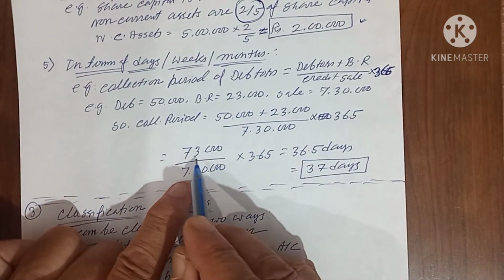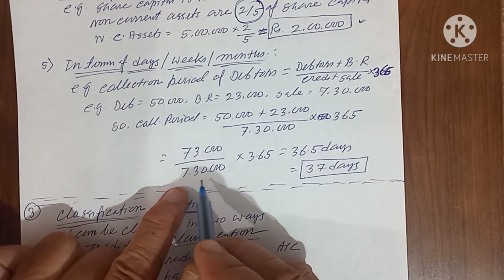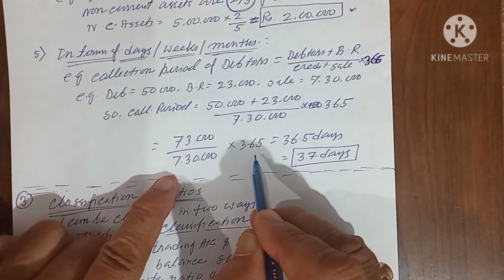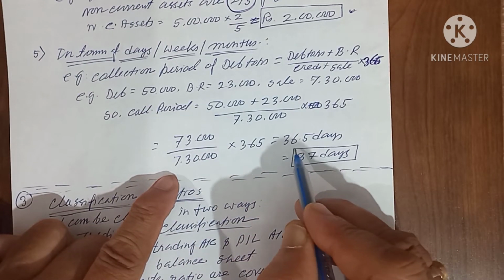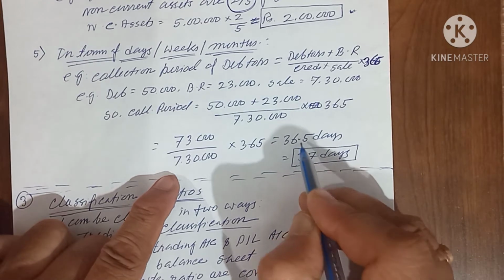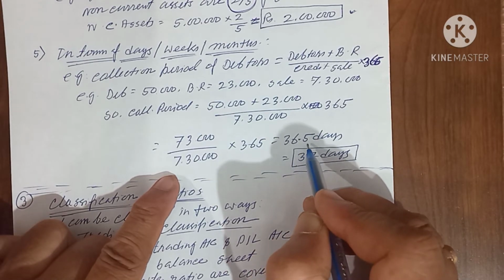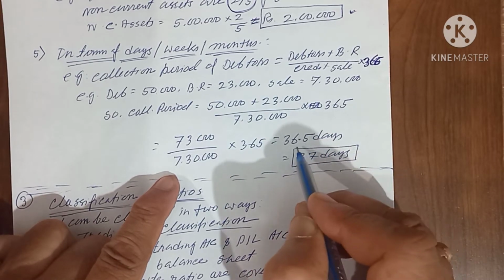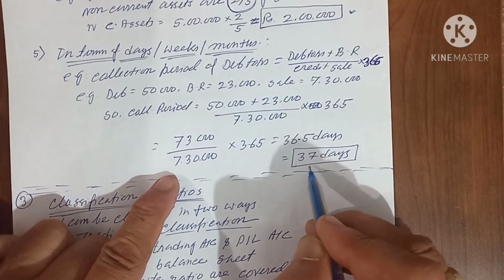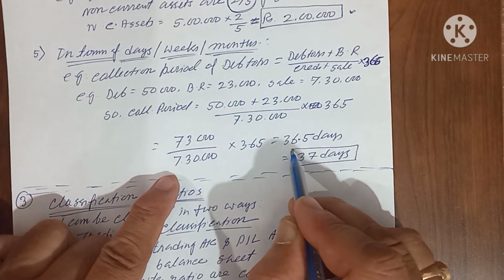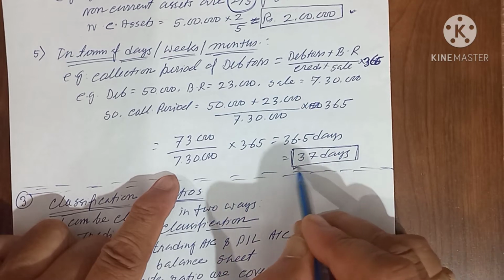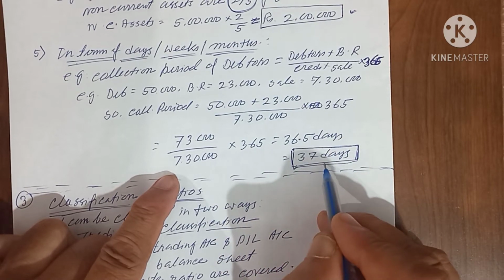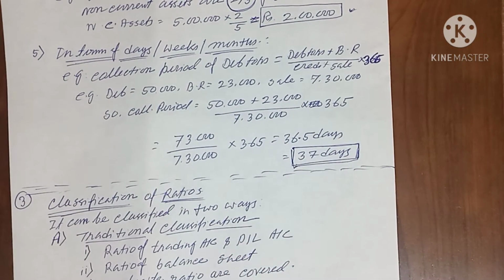So 73,000 by 7,30,000 multiplied by 365 is equal to 36.5. That means 36 days and a half, so it could be considered as a round figure, 37 days. This is days.